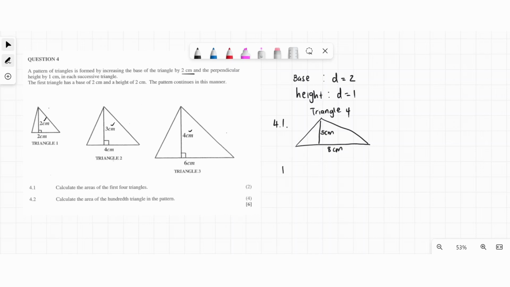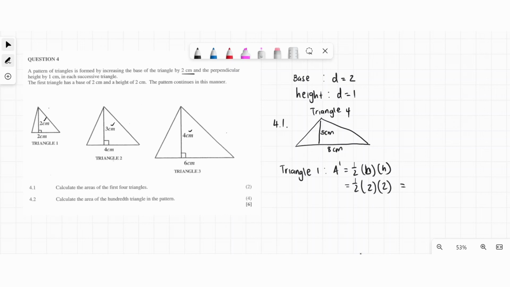So for triangle 1, the area is equals to half base times height, right? So we know the fact that our base is what? It's going to be 1 over 2. Our base is 2 here, multiplied by height of 2.